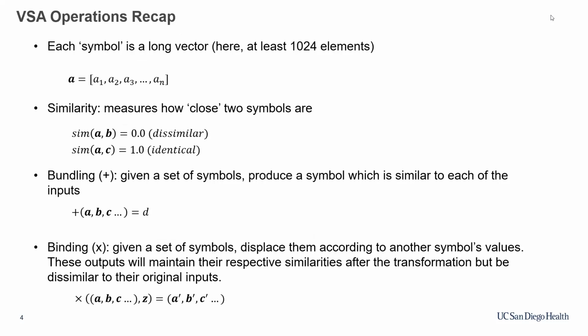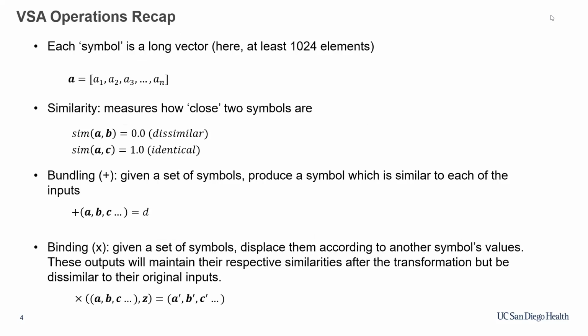So just as a refresher, each symbol is a long vector. And here we use a minimum of at least 1,024 elements. And the basic measure of similarity between these hyperdimensional symbols is a metric that shows how close they are. So if two symbols are completely identical, the similarity will be 1. And if they represent completely different things, the similarity will be 0.